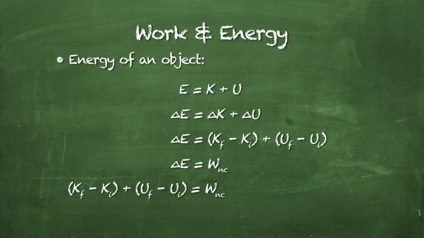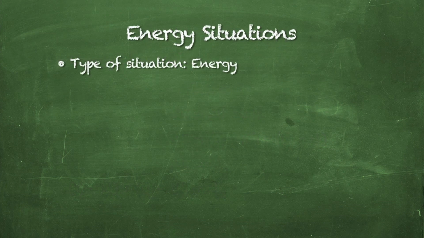The final kinetic energy that an object has minus its initial kinetic energy plus the final potential energy that an object has minus its initial potential energy is equal to the non-conservative work done on that object during the interval under consideration. Or in other words, change in kinetic energy plus change in potential energy equals the non-conservative work done on an object. And that leads us to our new type of situation, which is an energy situation.